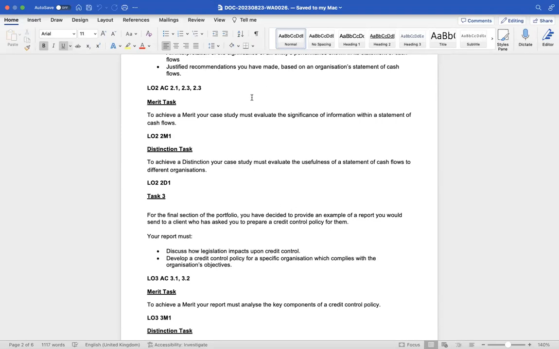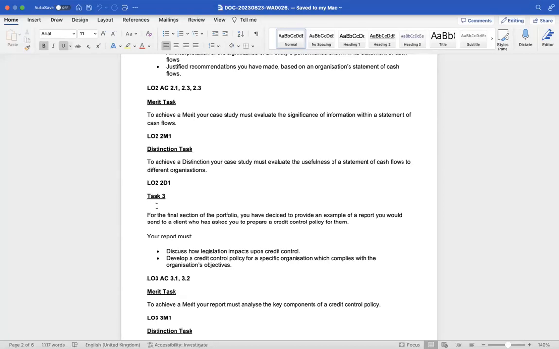Okay. Analyze the key components of a credit control policy, discuss the importance of credit assessments, credit terms, invoicing procedure, communication strategies for payment reminders, and handling disputes.